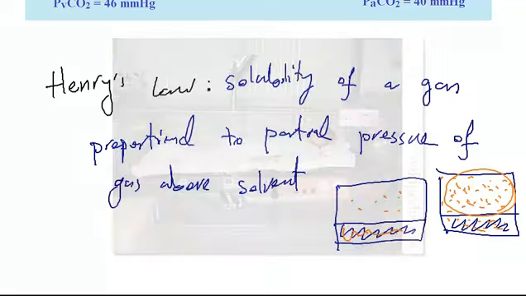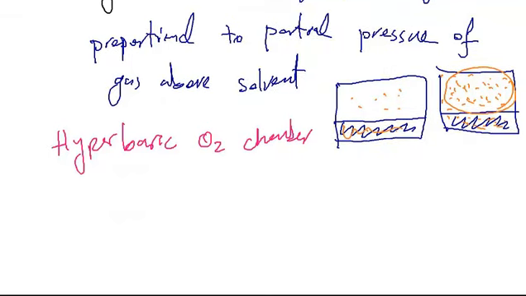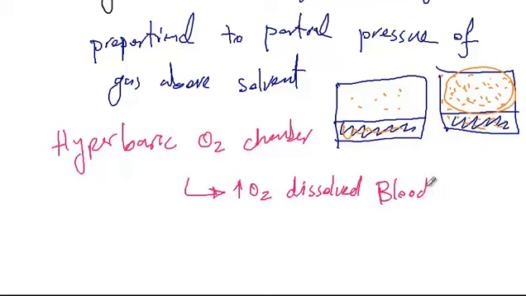So that's why it's called a hyperbaric O2 chamber. As a consequence, there would be an increased amount of O2 dissolved in the blood of those patients that are placed inside the hyperbaric oxygen chamber.